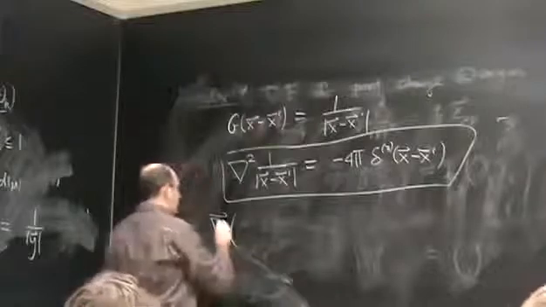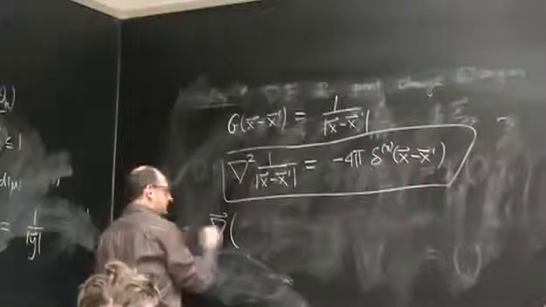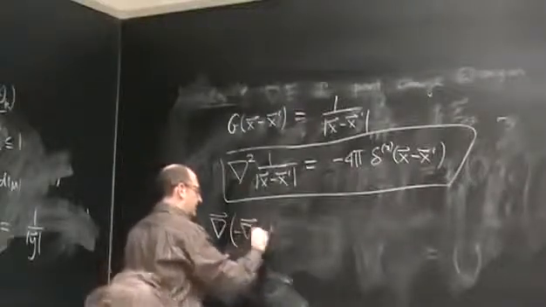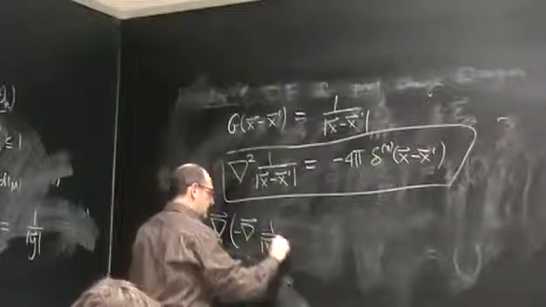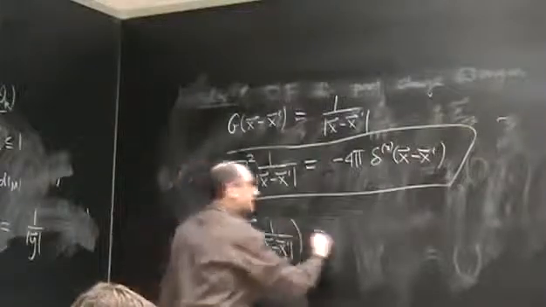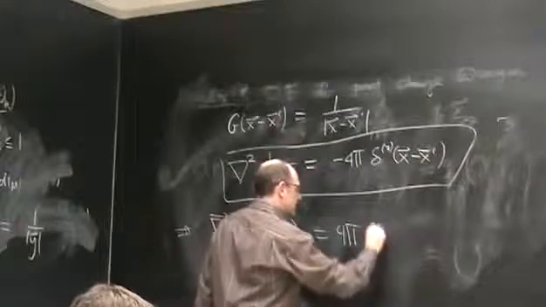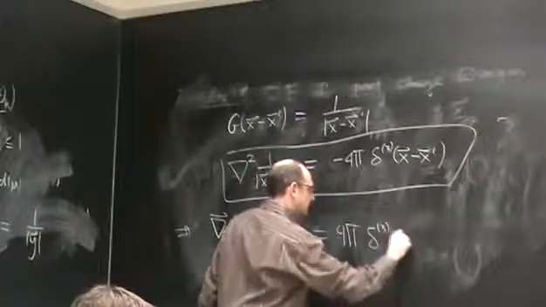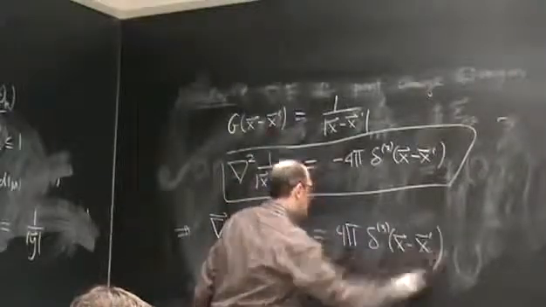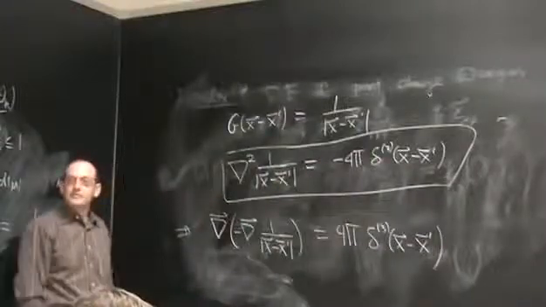This implies that minus the gradient of this is equal to 4 pi times the delta function, bringing the minus sign to the other side.